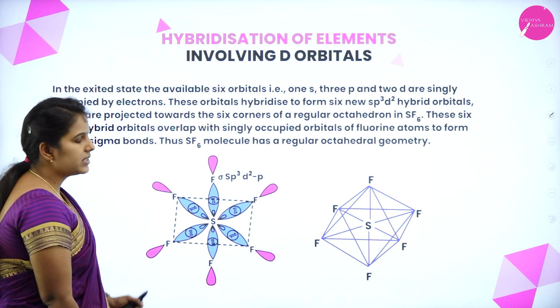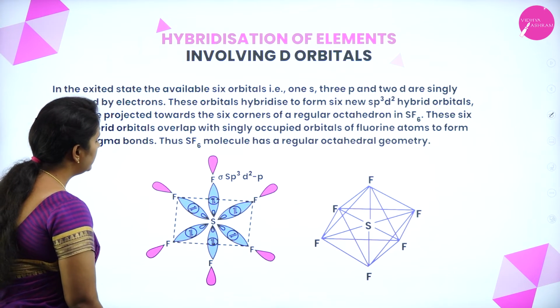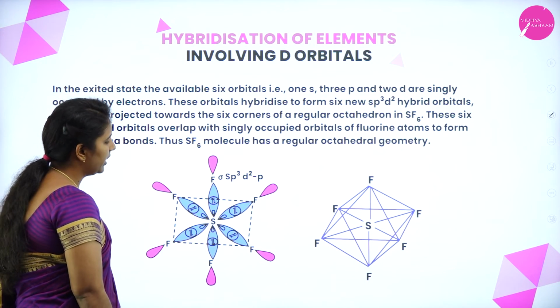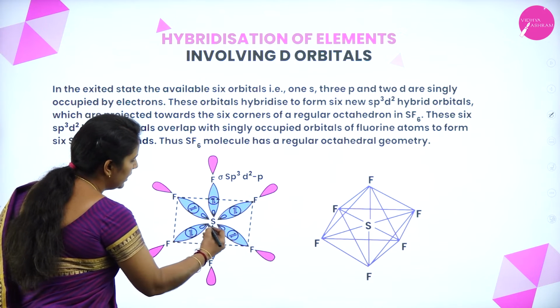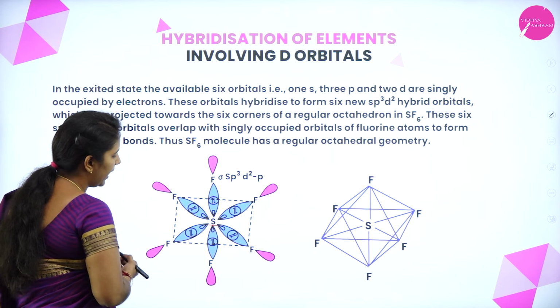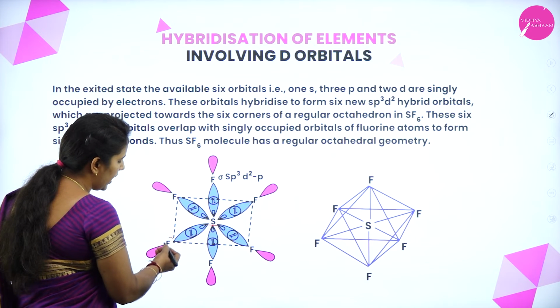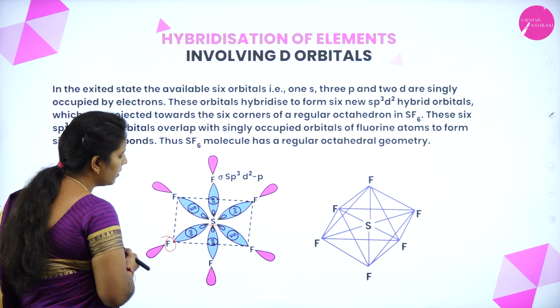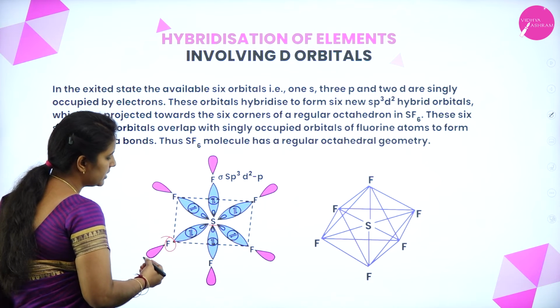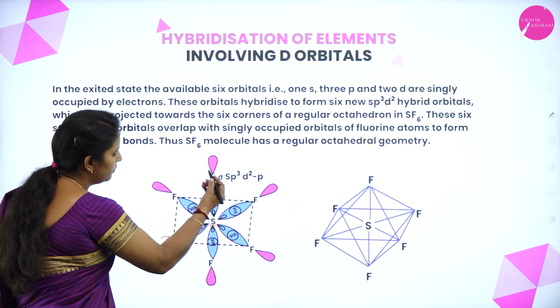Now let us see the geometry. This is the structure of the sp3d2 hybrid orbitals. You can see that the sulfur, which is the central atom, donates 6 electrons, and these 6 electrons will be accepted by the fluorine to form sigma bonds. So these are the bonds which you can see.